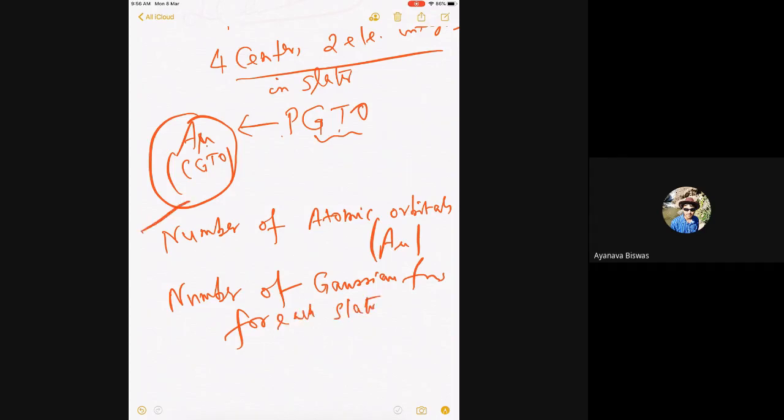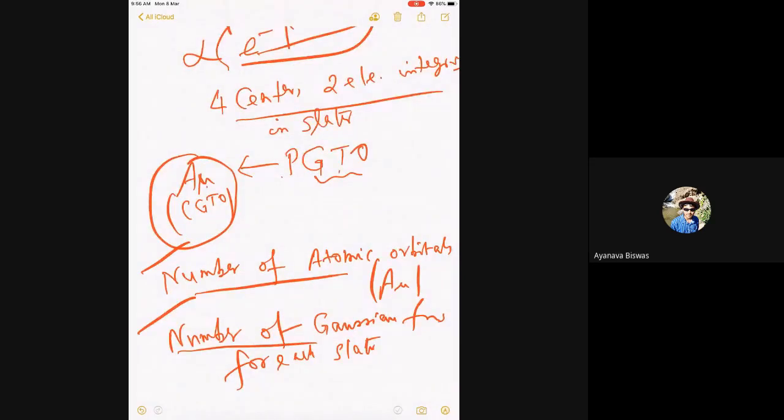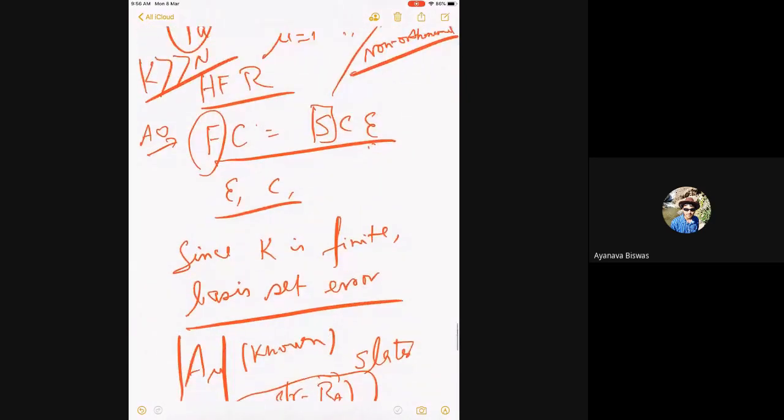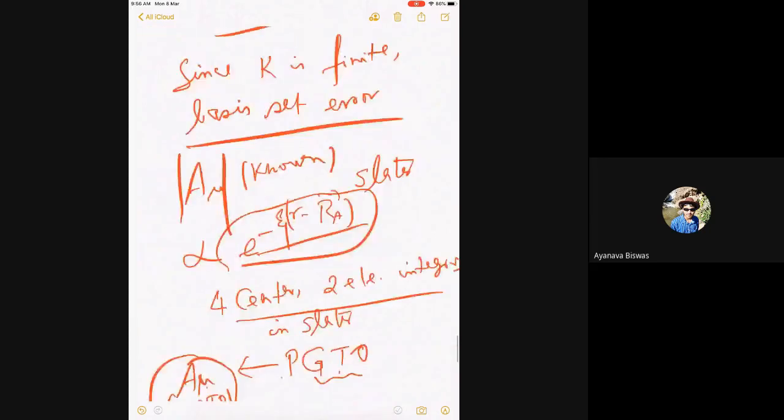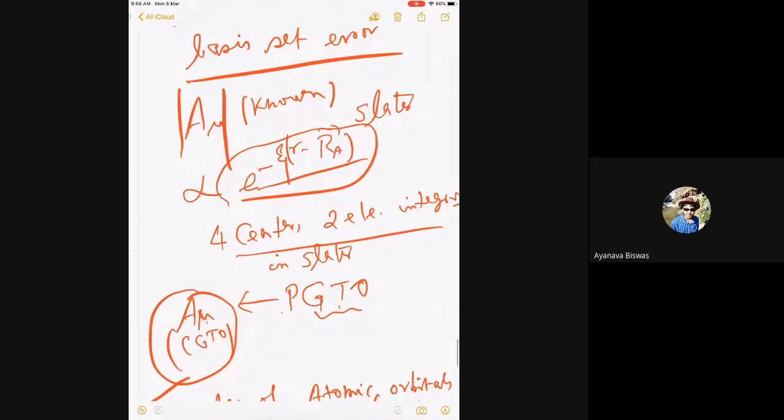And in each case, there is an error, because this should be infinity, this should also be infinity, because in each of the cases I'm writing a 1-electron function as a linear combination of other 1-electron functions. The same thing here, right?